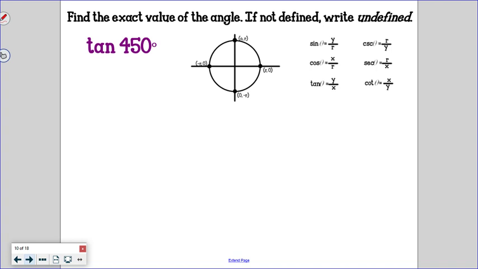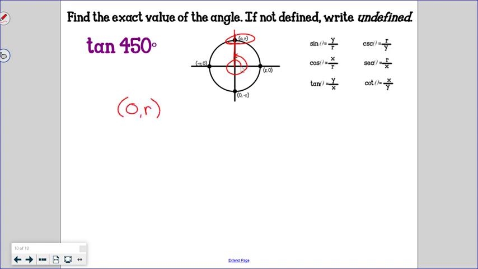When we're talking degrees, think in increments of 90, right? So I start at 0, go to 90, 180, 270, 360, add 90 more, we get up to 450. So the angle 450 would look like that. That's the ordered pair we would use for that point, 0 comma r.